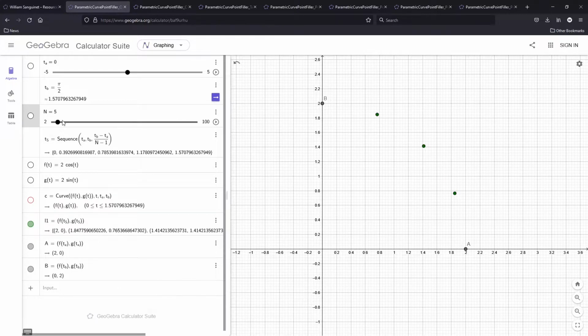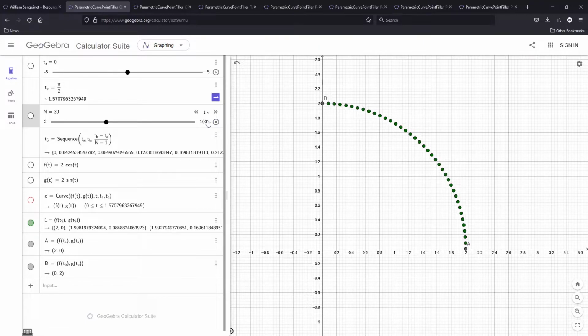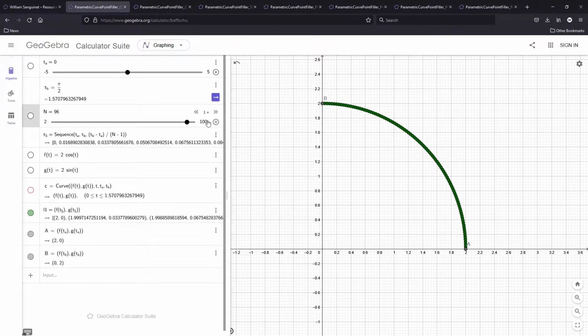And if I continue this process with more and more points, all the way up to 100 points, which would be very, very cumbersome to do by hand, we can see very clearly that these parametric equations are giving us the equation of a circle of radius 2.